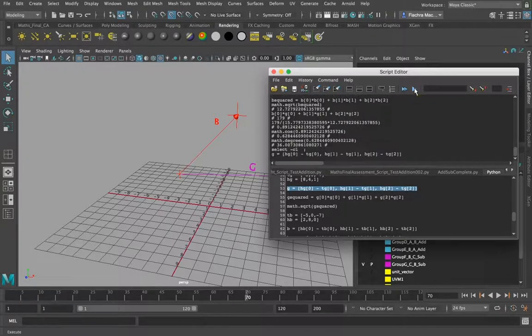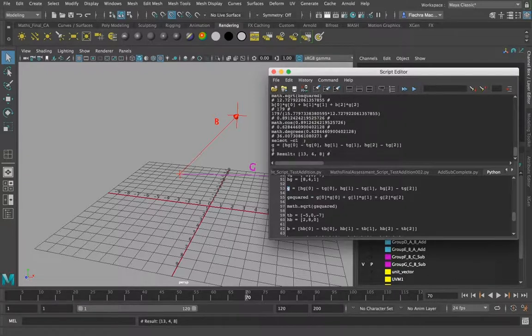So run that. Get the new coordinates, X, Y, and Z. They are essentially calculated from subtracting X, Y, and Z of the tail from the head. So that's the result there.